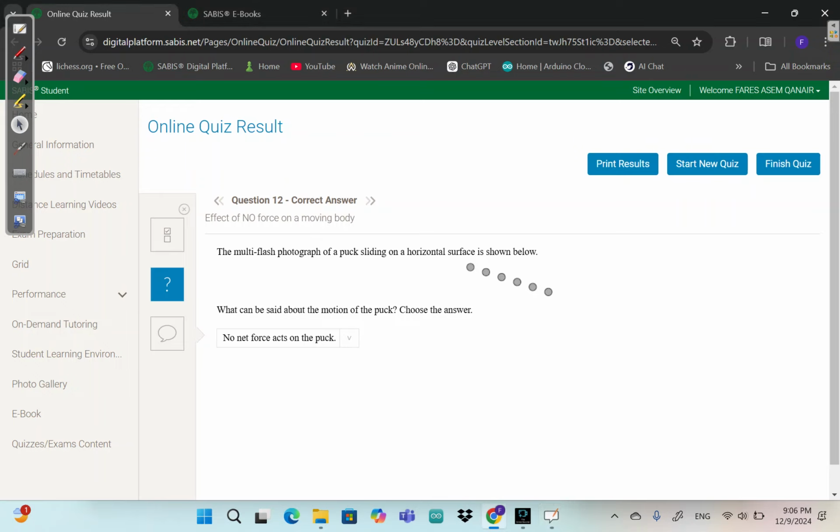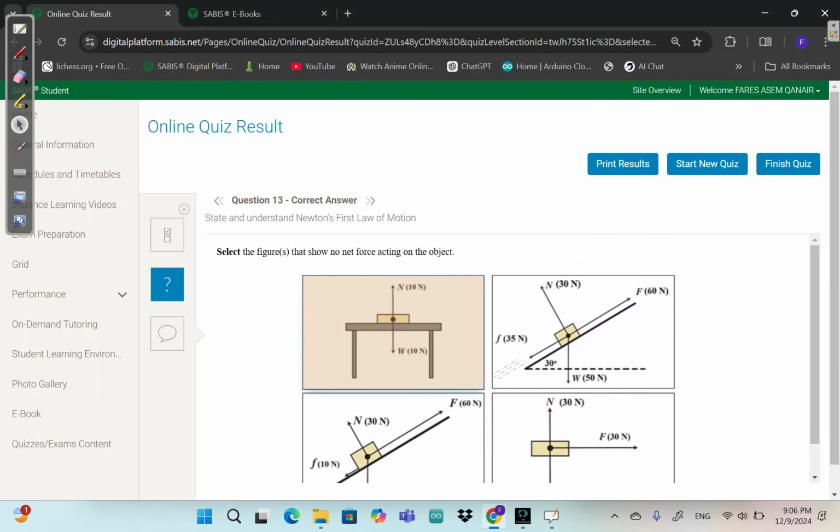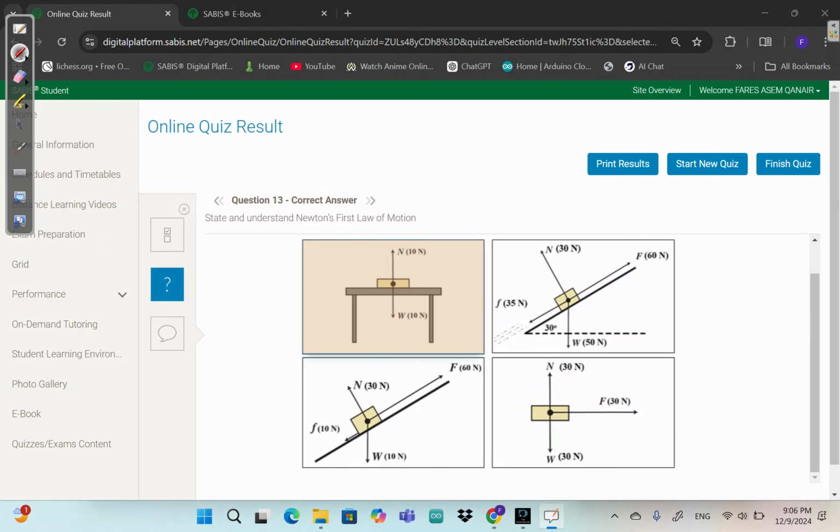Now next question. Select the figure that shows no net force acting on the object. So no net force could either mean zero net force or that the forces on the object cancel out. So let's check the diagrams. Here they don't cancel out since they're not opposite and their magnitudes are not equal, so this is wrong.